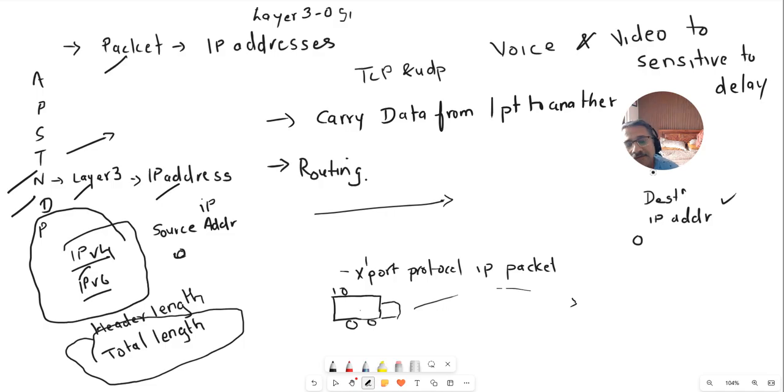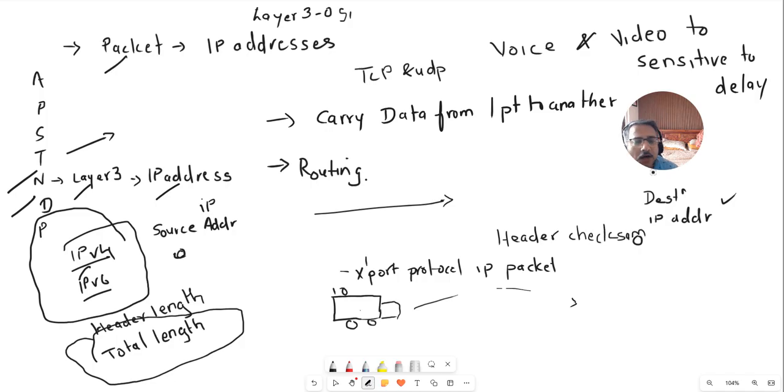Similarly, if an IP packet is carrying certain information, that information should remain intact at the other side also. Correct. So for that we have a header checksum. Basically, this only calculates your header part, not the entire data, but it does the same thing.